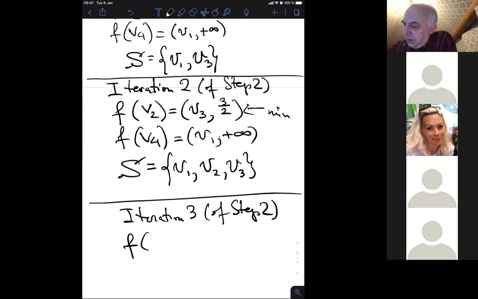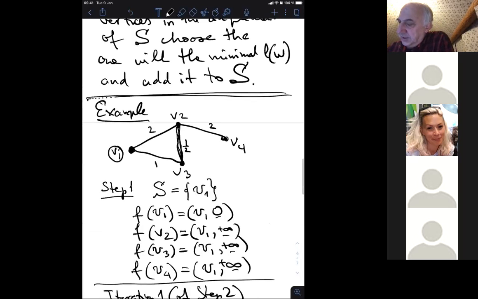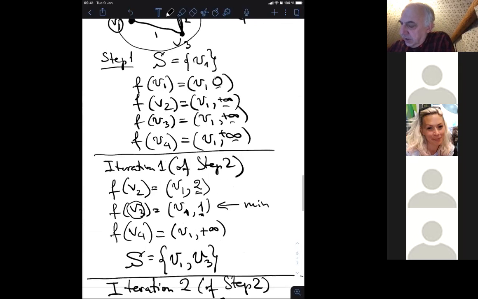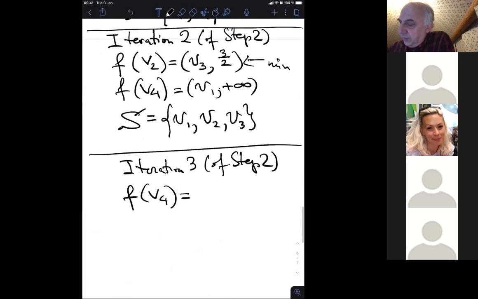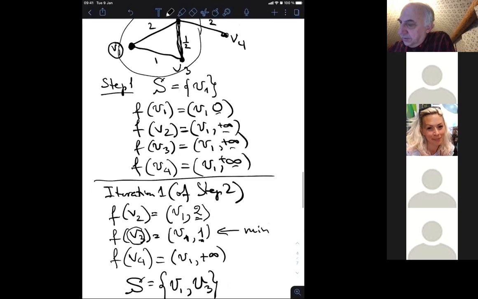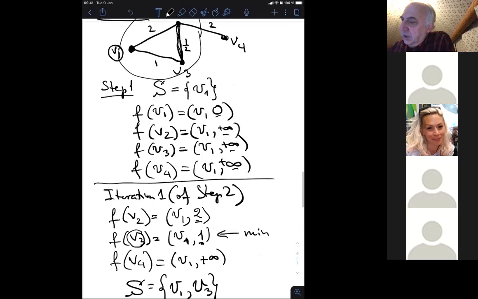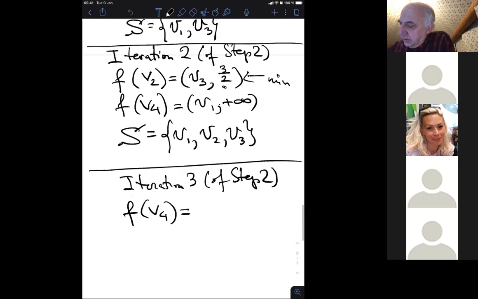Now I just have to look at my single remaining vertex V4, and now it's connected to my S. So my S now consists of these 3 vertices. I have to go through V2, and V2 has now label 3/2, and the edge connecting V4 to V2 has length 2.